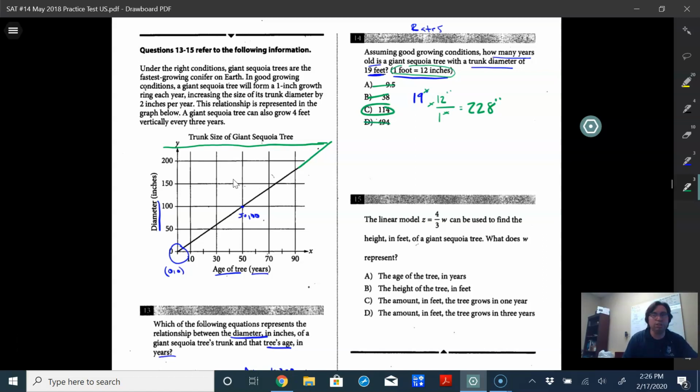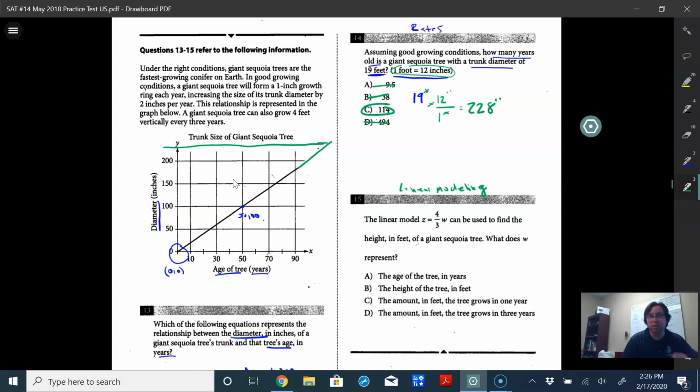And then 15, it is what we're saying here. We see this is a linear modeling question. Remember what we call these modeling questions? These are basically giving us a formula, and we have to interpret what this is. So keep in mind what we're looking at. It says the linear model Z equals 43W can be used to find the height in feet of a giant sequoia tree. What does W represent?